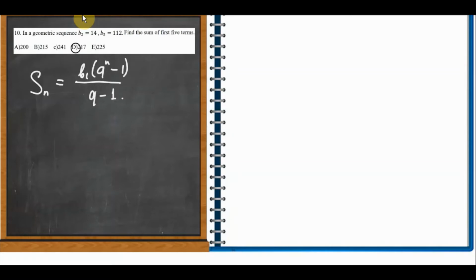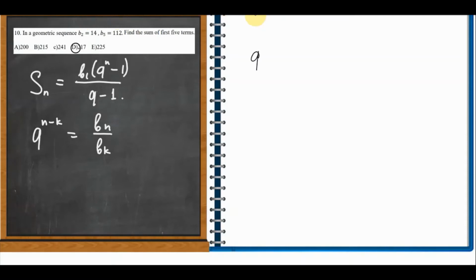Now, how to know q? If we have b2 and b5, or if we have two distinct terms, we can say q to the power of n minus k is equal to bn over bk. And we can easily find b1 after finding q. Let's find q.